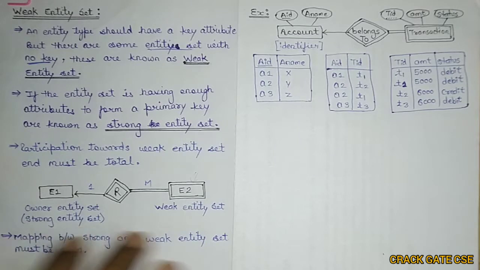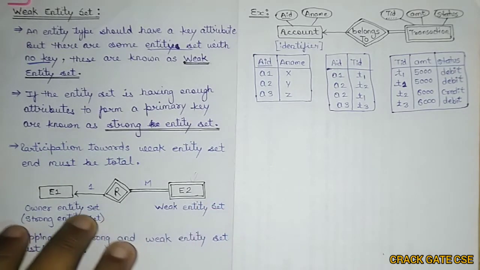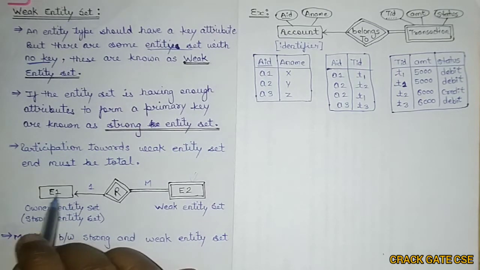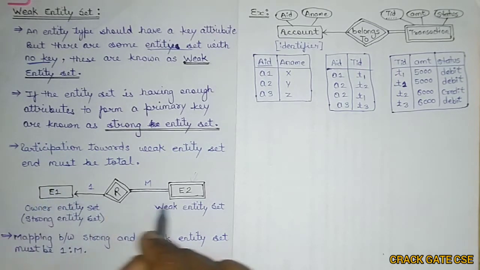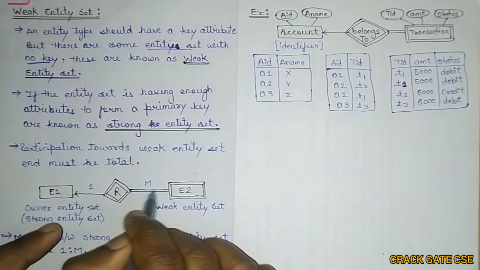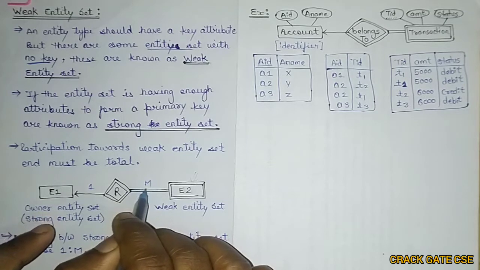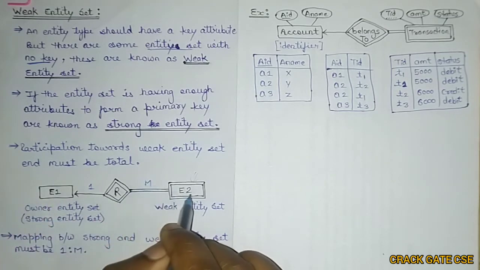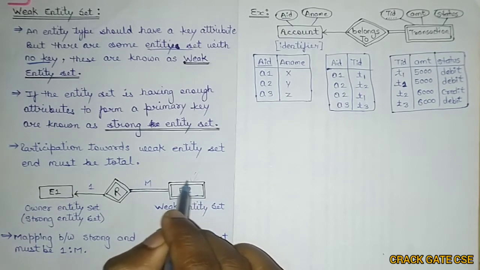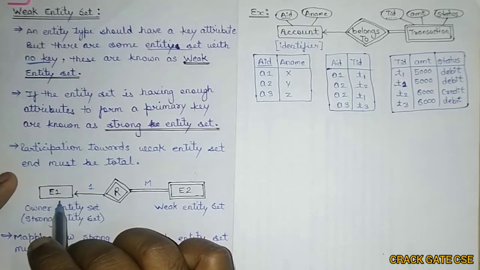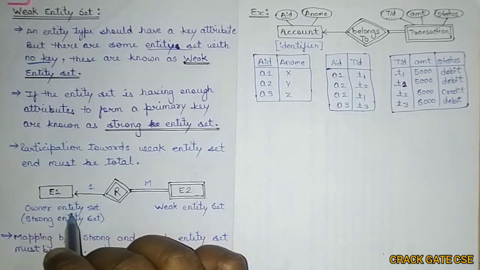So this is the kind of owner, and these are some information which we can represent using the owner entity set. Every record of E1 can be mapped with many records of E2. This is the meaning of this M. Every record of E1 can map with many, M meaning many records of E2, and every record of E2 can map with exactly one record of E1.